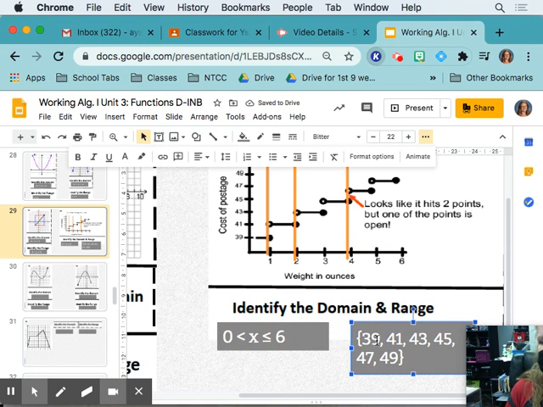That is the range, y values. It's not continuous. See how the lines are not being connected between 4 and 5 and so on? If it was connected, then we would write it as an inequality, but it's not connected.